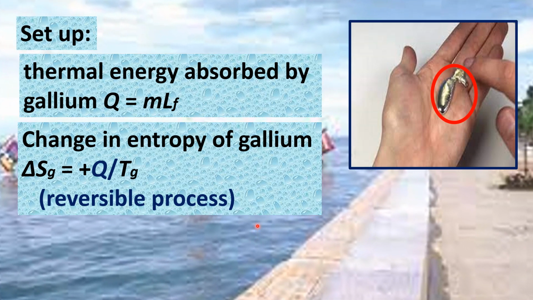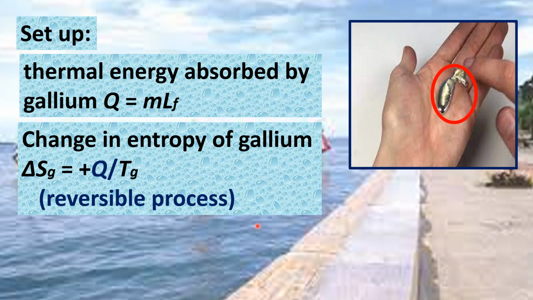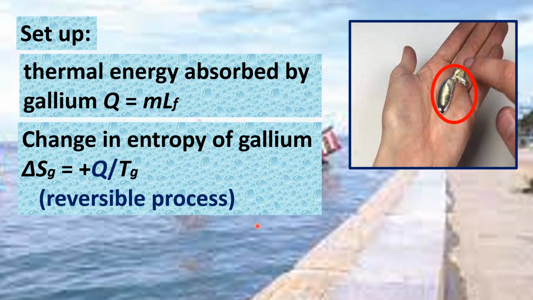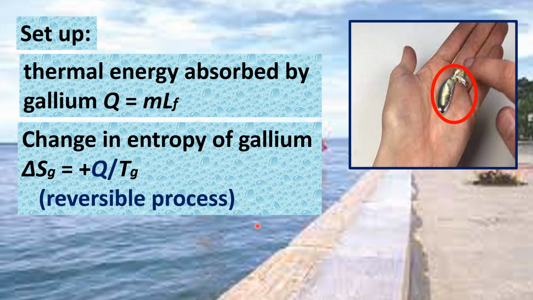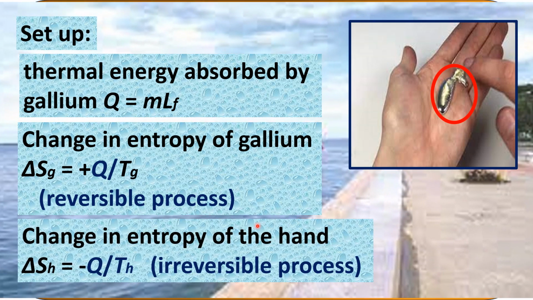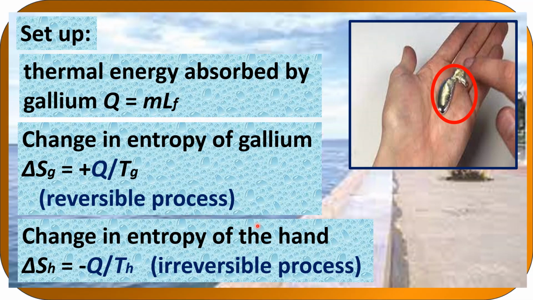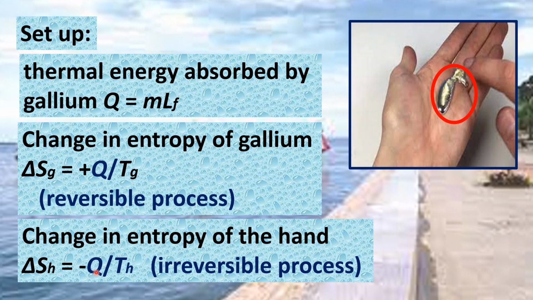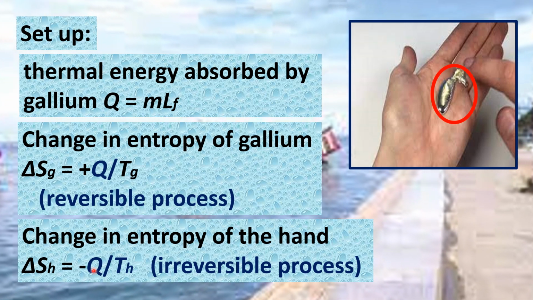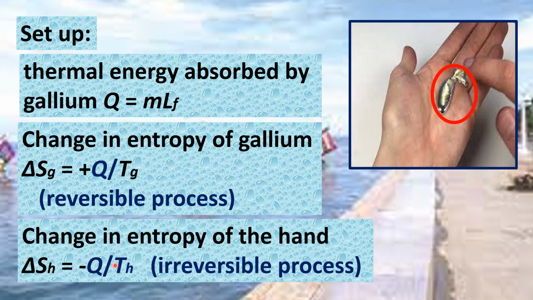Now, in the case of the hand, the change in entropy is determined still by the same formula, but as you can see here, the sign of capital Q is negative, all right?